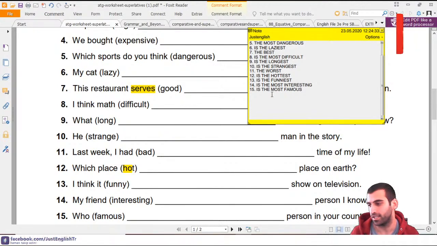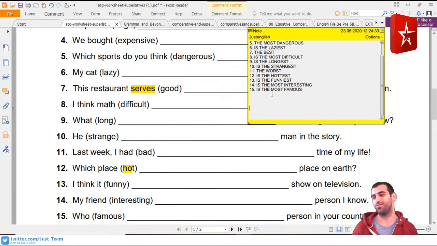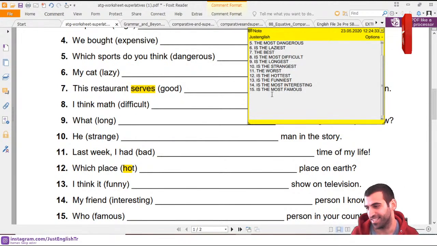All right. I am checking your comments. I am the most famous person in my country. Mr. Ozan Uludağ says he is the most famous person in his country. Ali says me, and Ozan Uludağ.